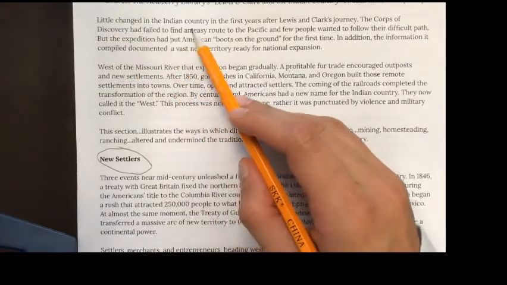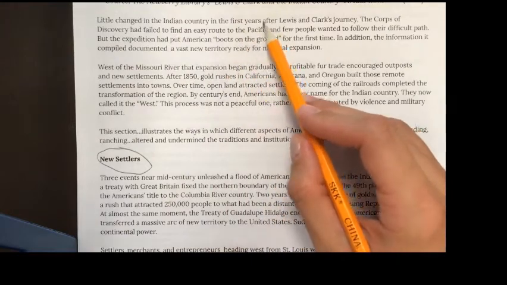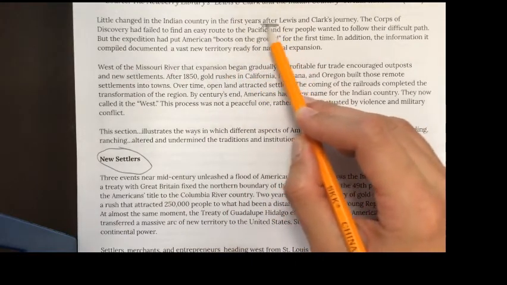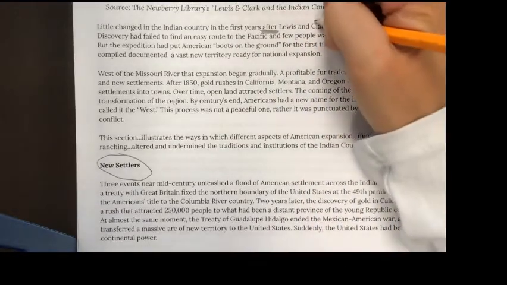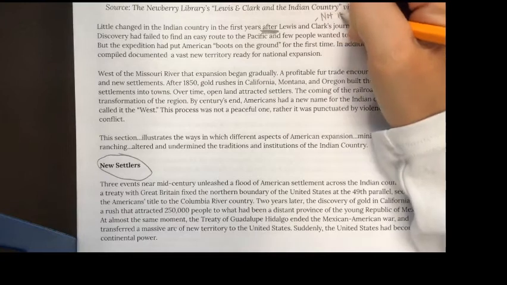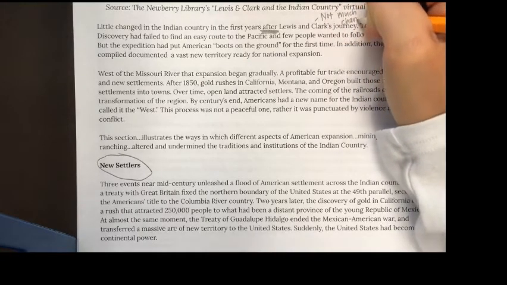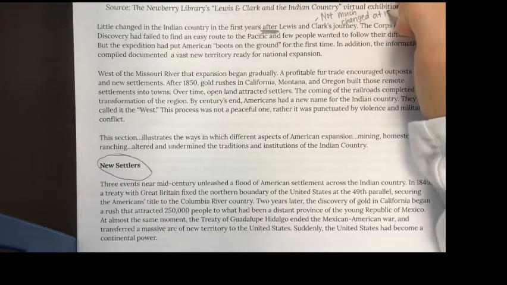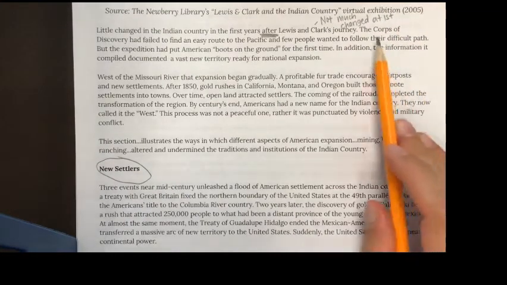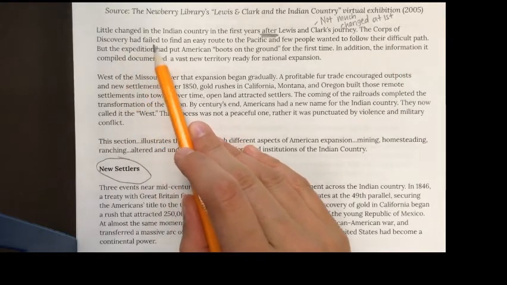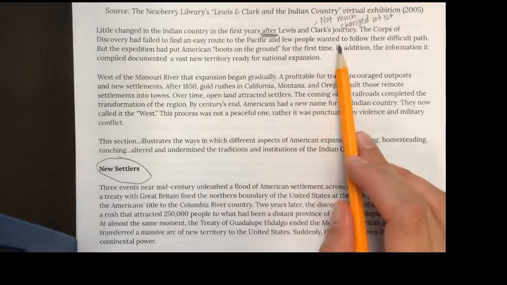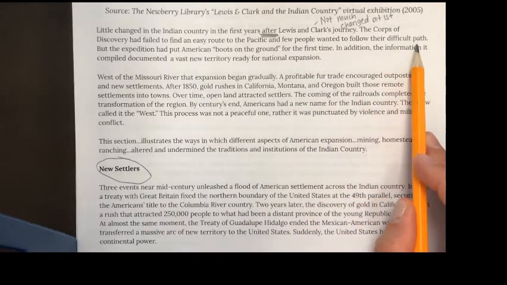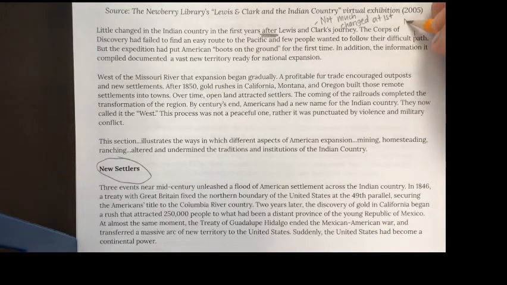Little changed in Indian country in the first years after the Lewis and Clark journey. So after they came to visit, not much changed. So I'm going to write, not much changed at first. The Corps of Discovery had failed to find an easy route to the Pacific, and few people wanted to follow their difficult path. So because the path they found was challenging, not many people wanted to take it.